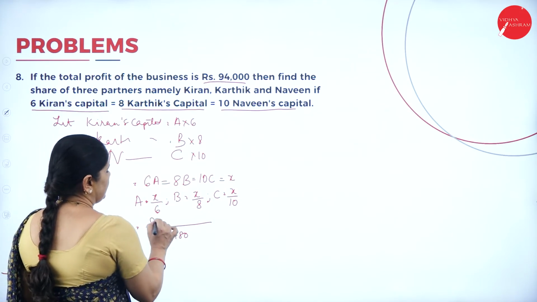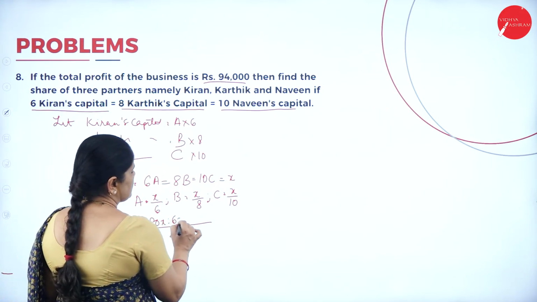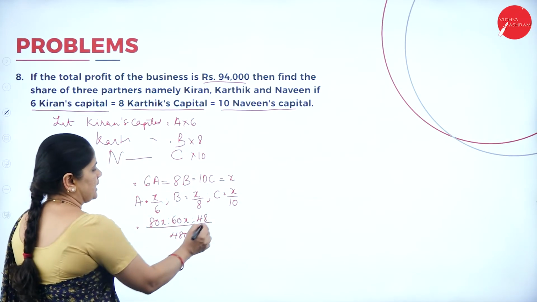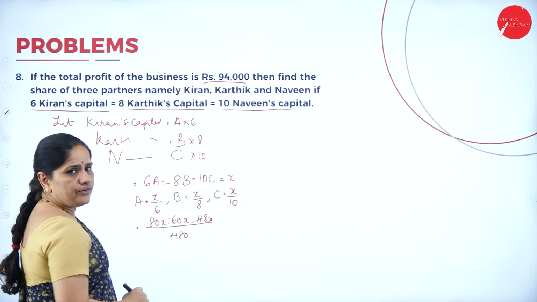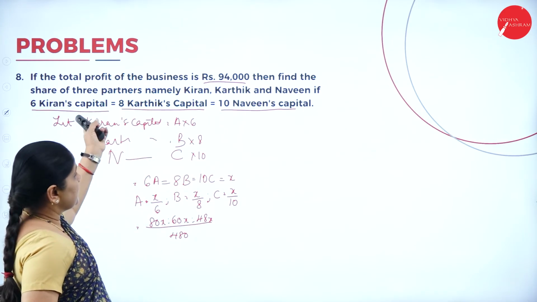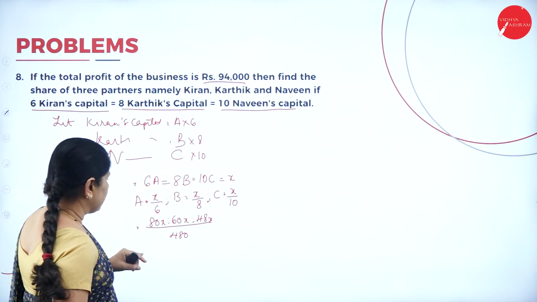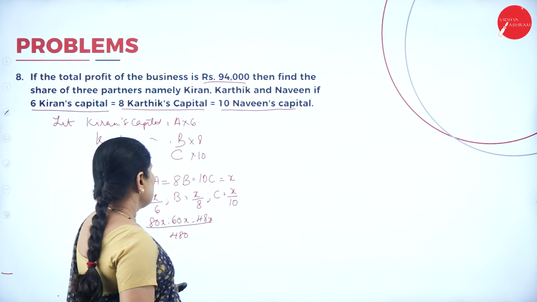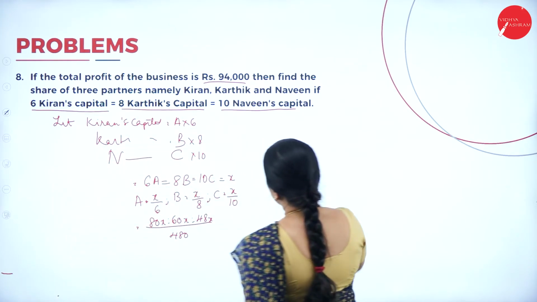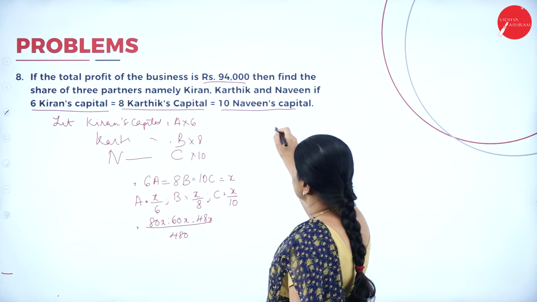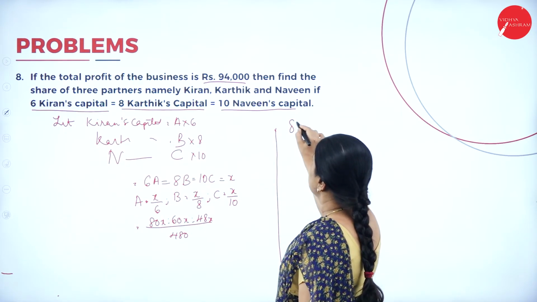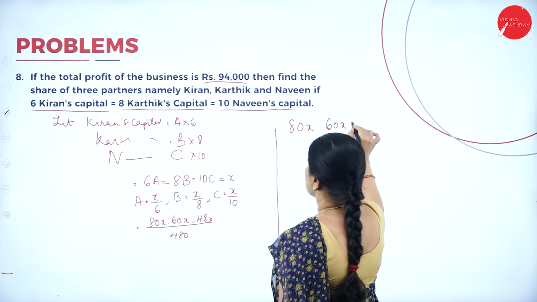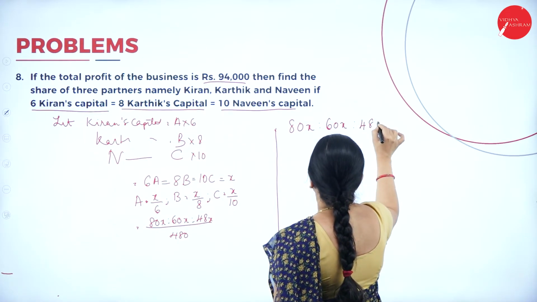Now, 80x is to 60x is to 48x. So this is the ratio we are getting of Kiran, Karthik and Naveen. So I will write this ratio again, 80x is to 60x is to 48x.